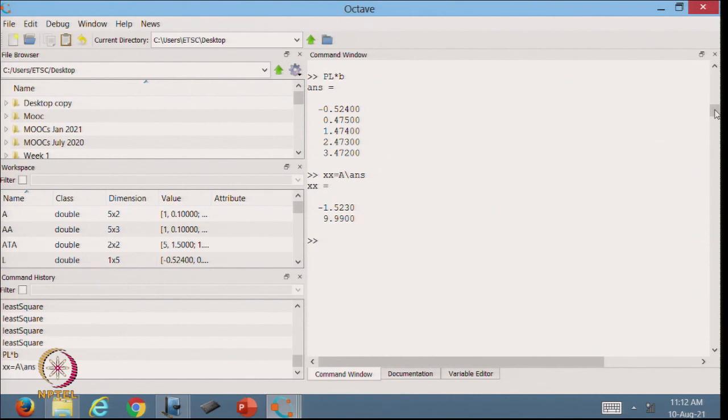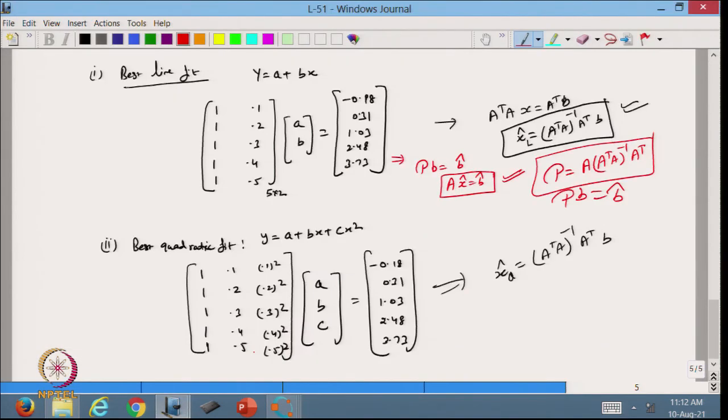So you can verify that both are coming the same. So either you can go directly by the normal equation, or you can go by the projection matrix and then solve the system. Both ways you can find the same solution.